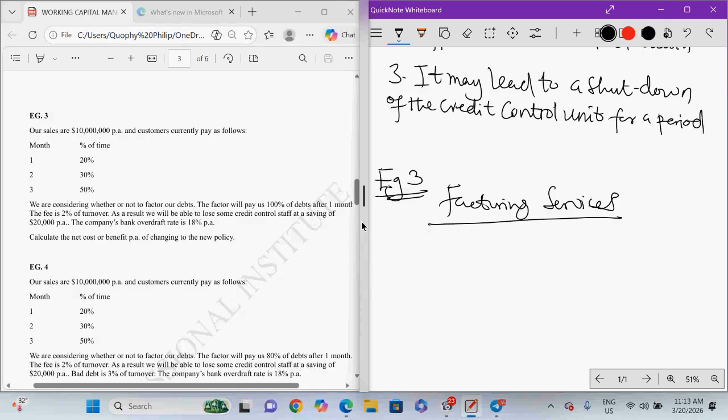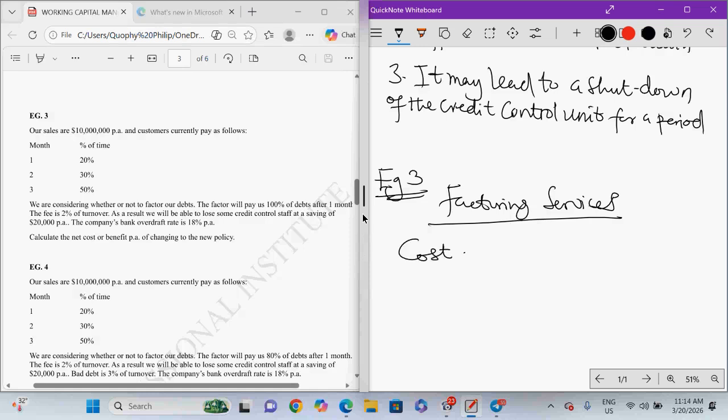Saving 20,000, right? We are losing some credit staff, and that is saving us 20,000 per annum. The company's bank overdraft is 18%. Calculate the net cost or benefit of changing to the new policy.